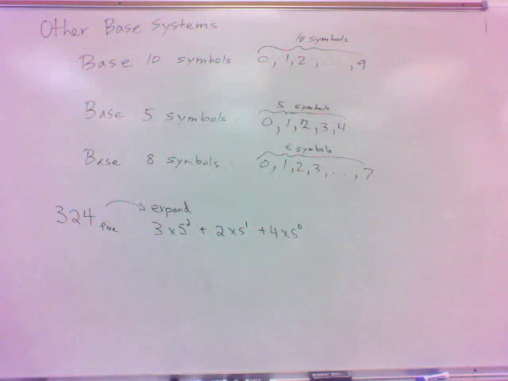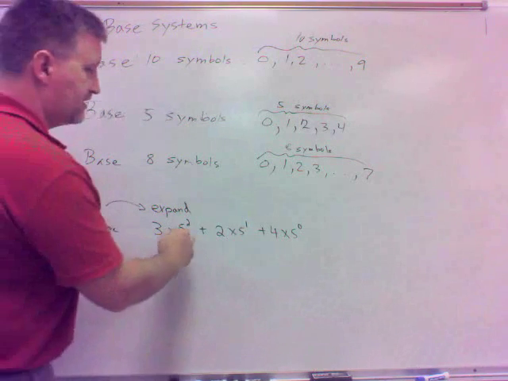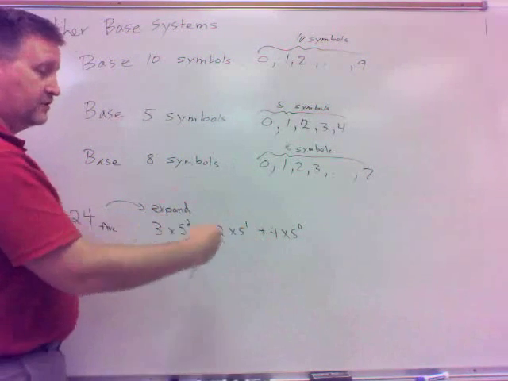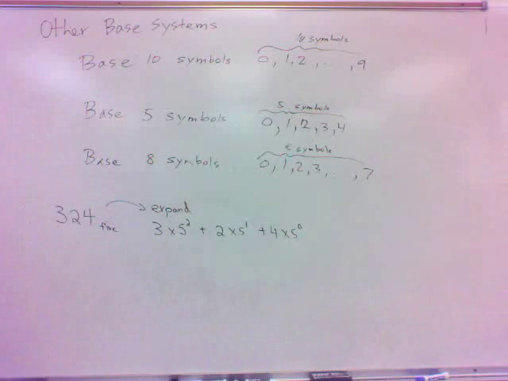Now, what that does, too, is that gives us a way to also convert to base 10. If we expand this and then actually write out these numbers and multiply them out, what that turns out is the base 10 number that this represents, or this is equivalent to.